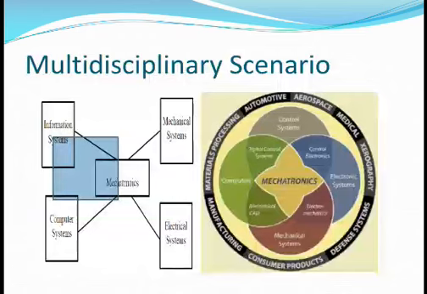Xerography is a dry copying process. It's like photocopying where the image of the document is copied. So, a very important thing from mechatronics, we should know that it is a multidisciplinary scenario.